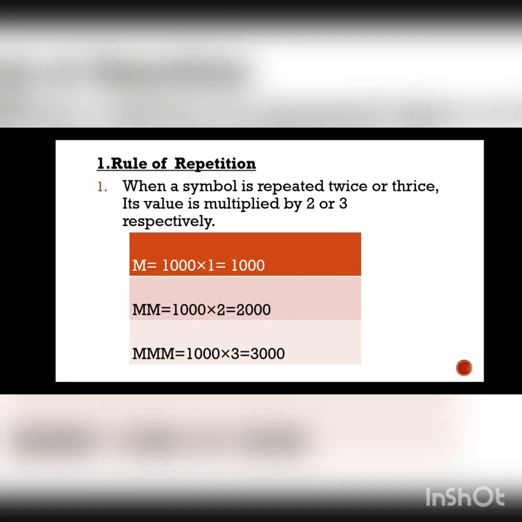When a symbol is repeated twice or thrice, its value is multiplied by 2 or 3 respectively. M is equal to 1000 multiplied by 1 equal to 1000. MM is equal to 1000 multiplied by 2 is equal to 2000. MMM is equal to 1000 multiplied by 3 is equal to 3000.